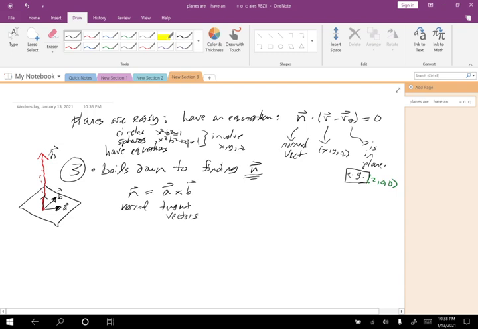Okay, so to get n, all we need is to plug in two tangent vectors. So how do we get the tangent vectors? We're going to use the known points. Remember, we had 0, 0, 0, we had 2, 0, 0, we had 0, 2, 0, and we had 0, 0, 2.